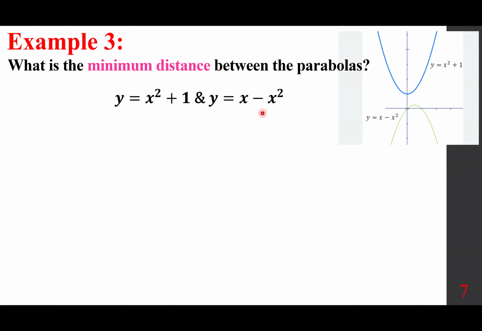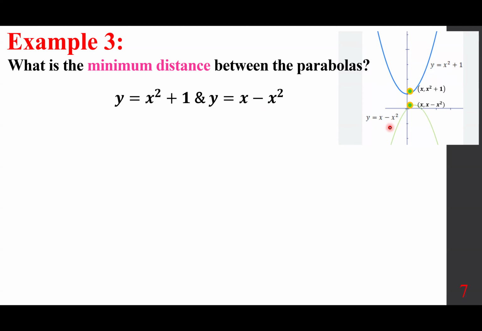So what is the minimum distance? Well, a couple of points with coordinates. This one would be x and x squared plus 1. This would be x and x minus x squared.